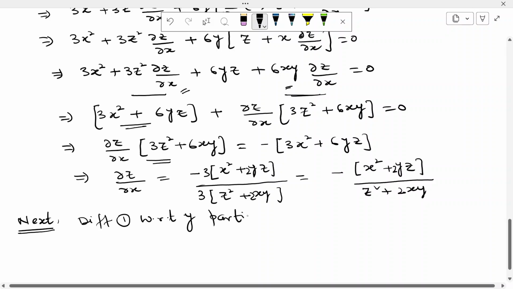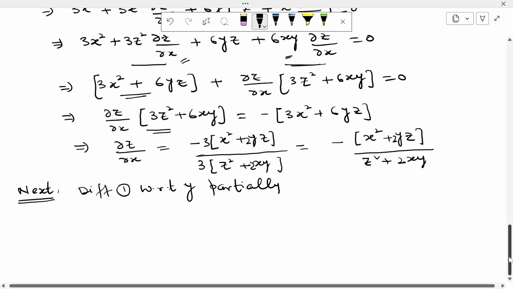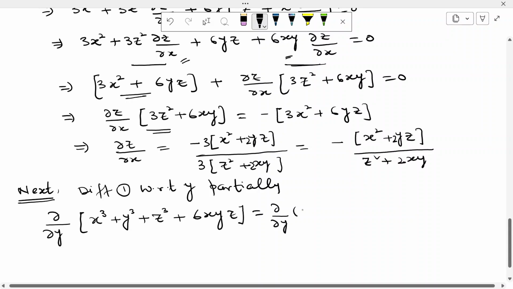So now we are differentiating this equation 1, which is given to us, with respect to y. So we have ∂/∂y of (x³ + y³ + z³ + 6xyz), and on the right hand side we have 1.